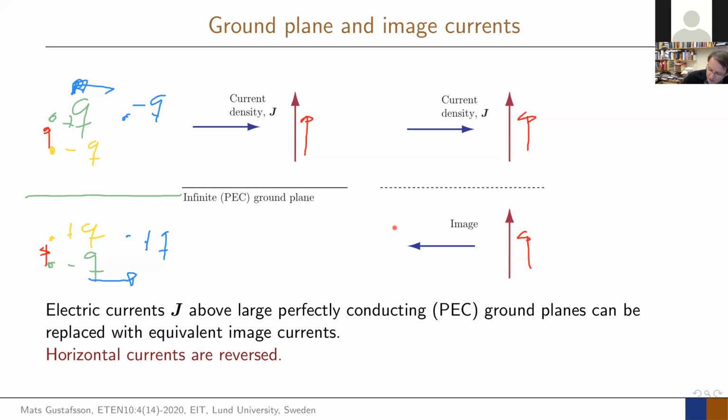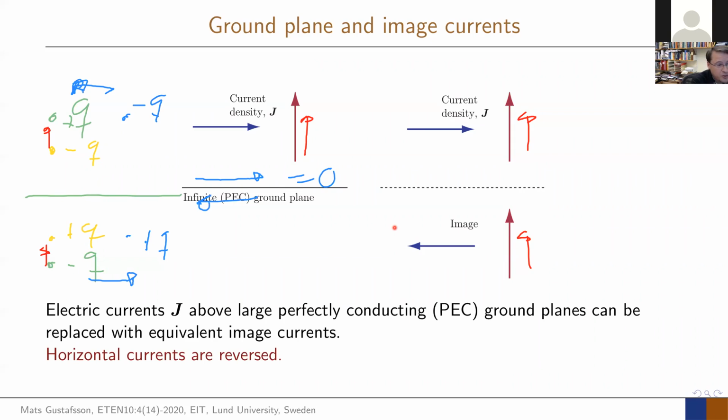And that is if you take your horizontal currents as you have here, and let's say you put them just on top of the ground plane. What happens if you put a current on a big ground plane? You short circuit that current, which means that you replace that with a current that sits like there, and actually the sum of these two are zero, because they go in the opposite direction and they're very close to each other, which is a thing you should have if you put a current on a good conductor.